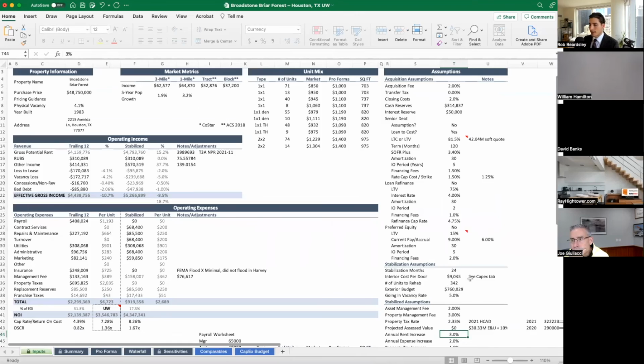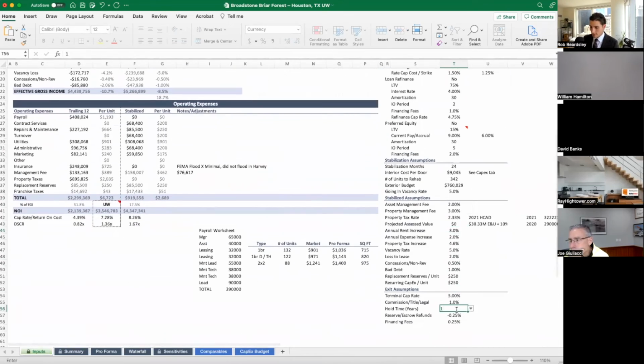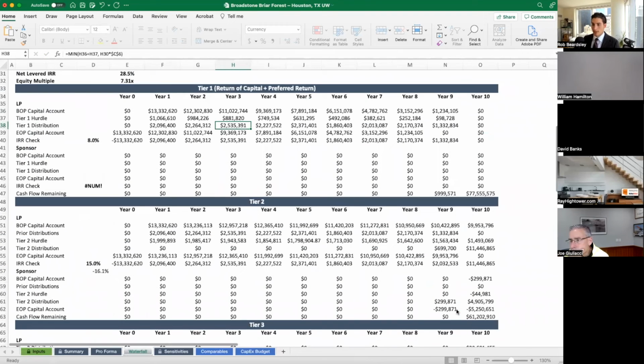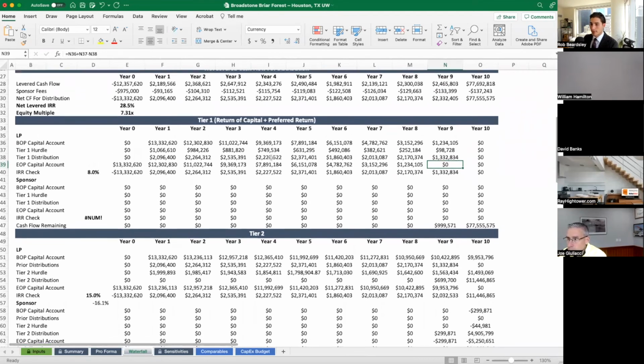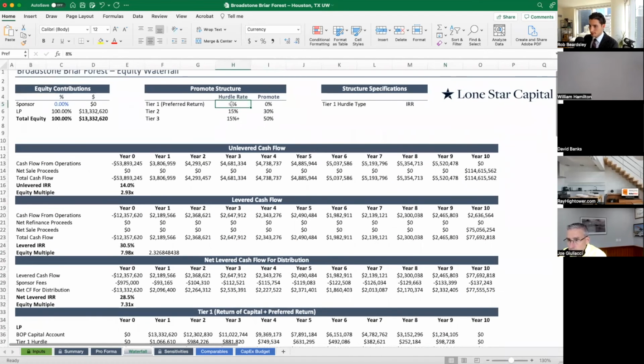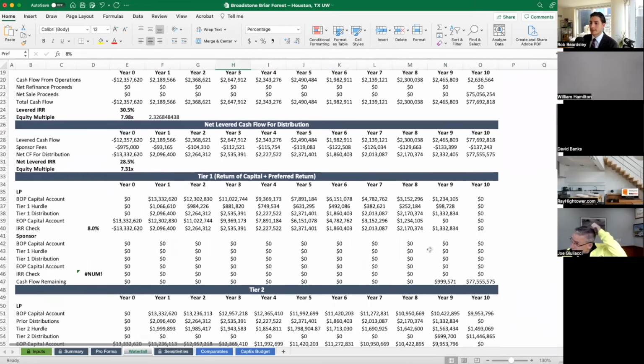Now, however, let's see here, if I extend the hold period to 10 years, you can see by year 9, we are able to satisfy tier 1 based on cash flow alone. We are able to pay both an 8% compounded return and provide investors their original investment back just off cash flow. So you can see we reduce the capital account.